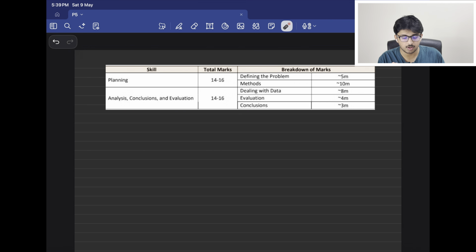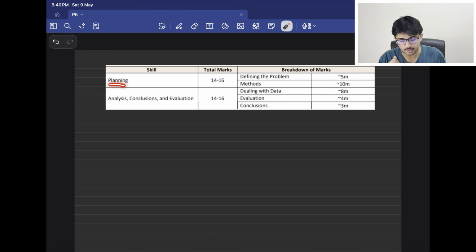In your exam, you will be tested on four skills: how well you are able to plan the experiment and essentially plan your answers, how well you are able to analyze the given situation at hand, how you're able to draw conclusions from certain experiments, and how you're able to evaluate your own answers. These are the four skills that you're going to be tested on.